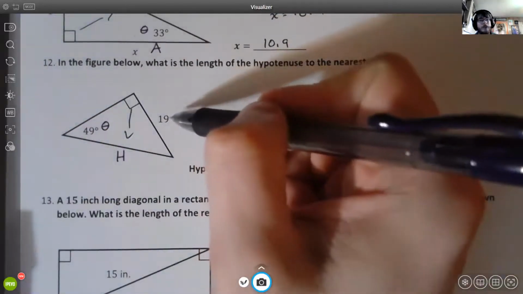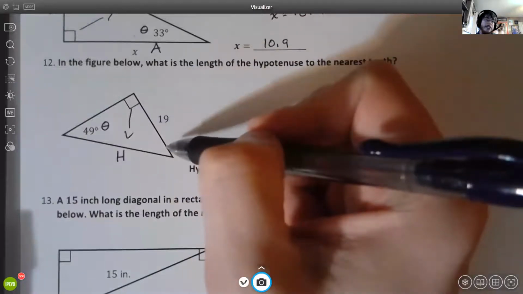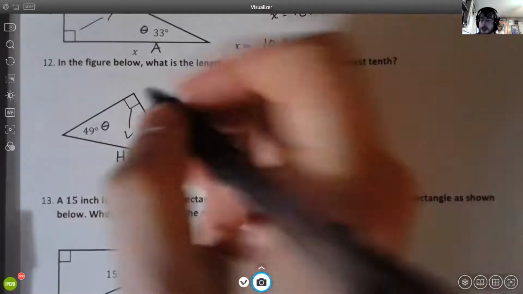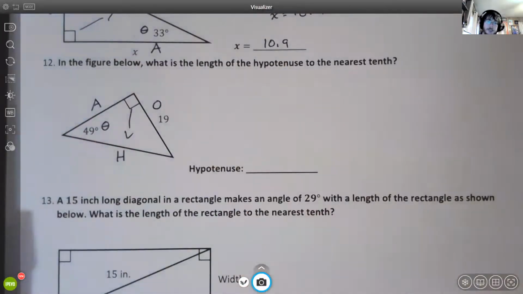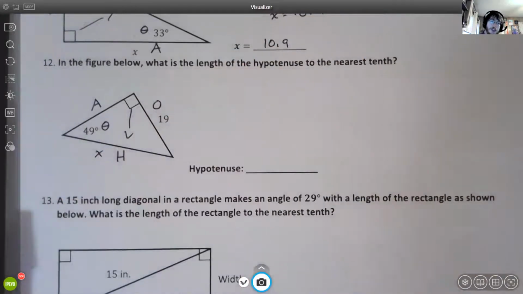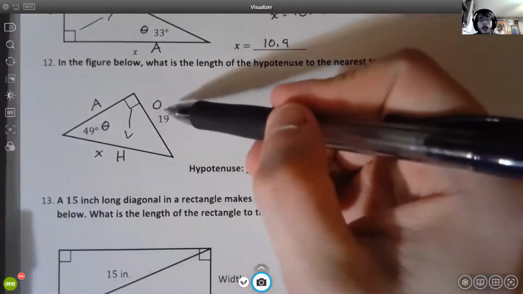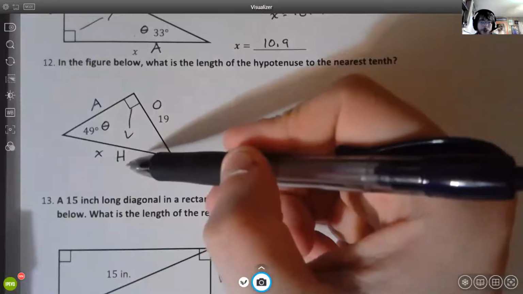And 19, would that be your opposite or adjacent side? Well, 19 is on the side that does not touch theta, so that means it would be opposite, and the blank side would be adjacent. So I'm going to put an X on the hypotenuse there, just to make it a little bit easier. Our opposite side is 19, and our hypotenuse is what we want to find.